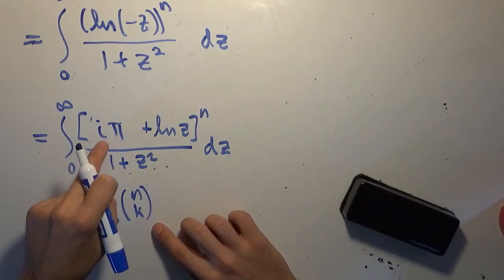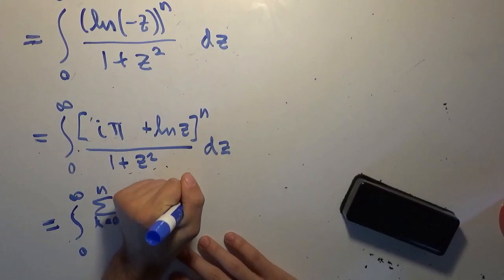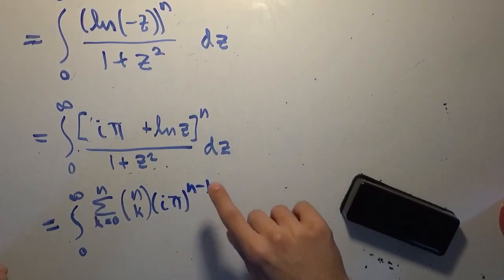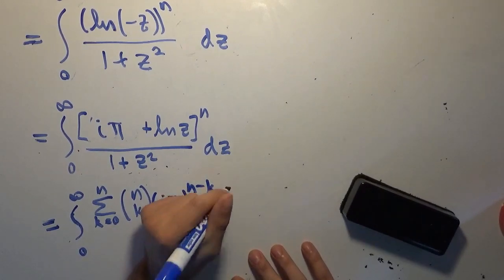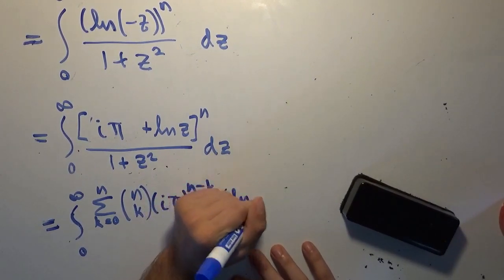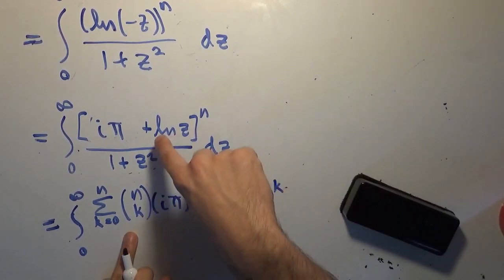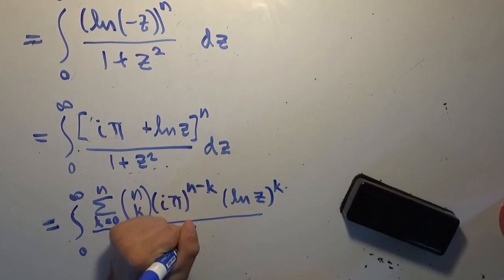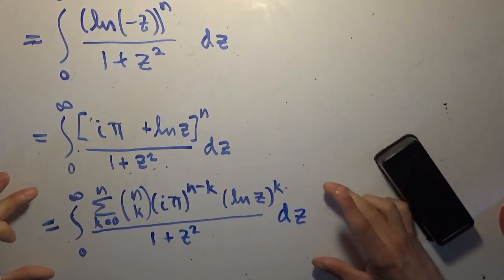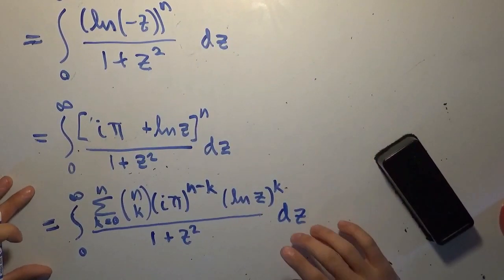It's the first term, which is i times pi, raised to the difference of n and k, so n minus k power, multiplied by the second term raised to the power of the lower index, so the natural logarithm of z to the power of k. This is a rewriting of the numerator, so the denominator is still there, 1 plus z squared dz. So we're going to take a look at this now. I'm going to erase everything above it, rewrite this, and take a look at that, okay?